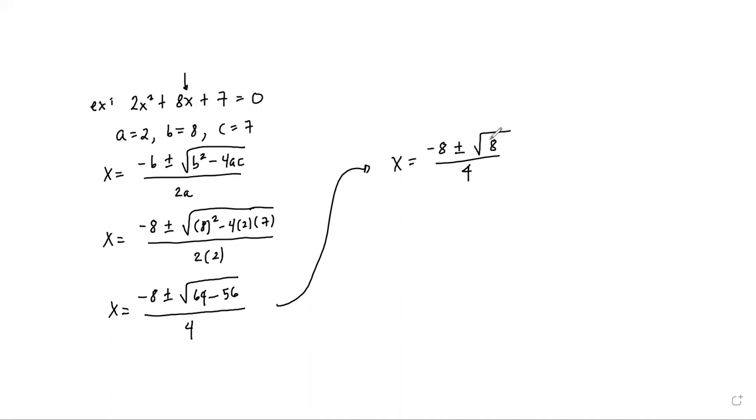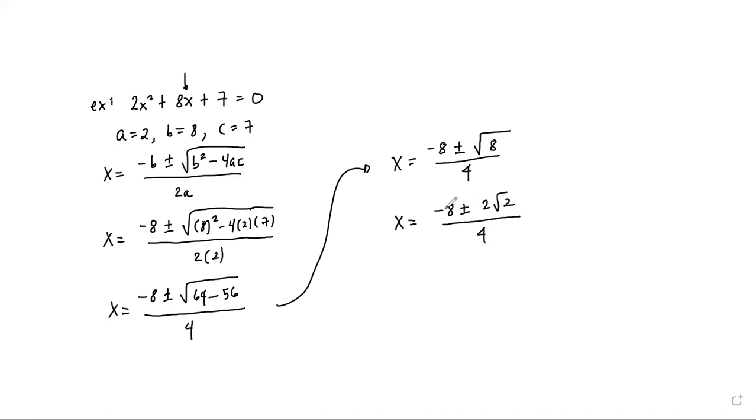But the square root of 8 now can be written as 2 square root of 2. So if we extract the perfect square factors of 8, we're going to get 2 square root of 2. So we have here x is equal to negative 8 plus minus 2 square root of 2 all over 4.